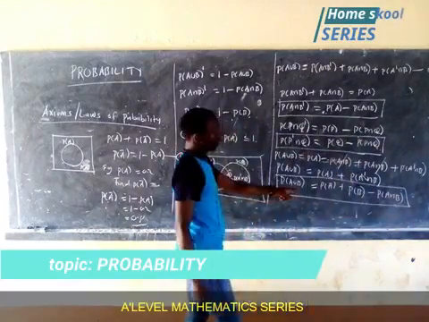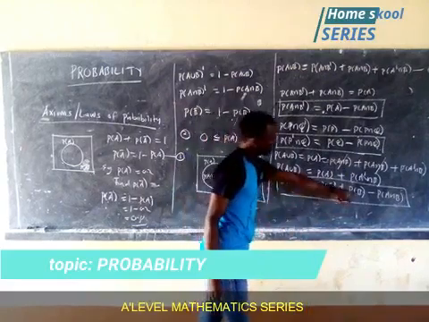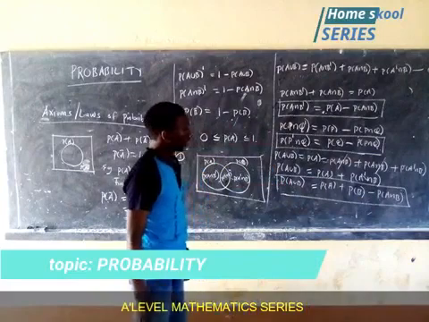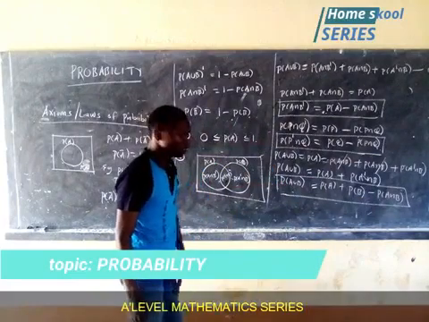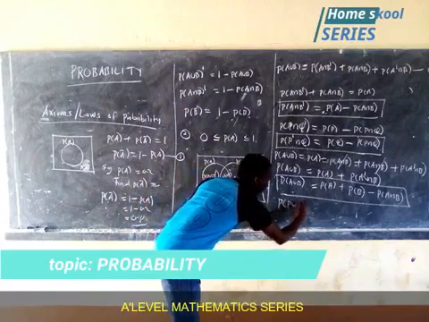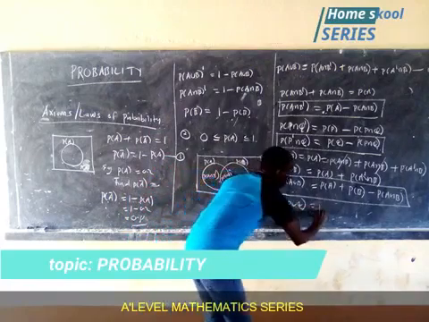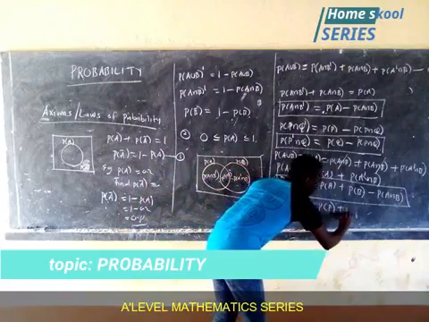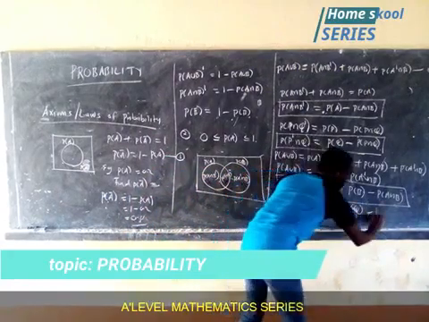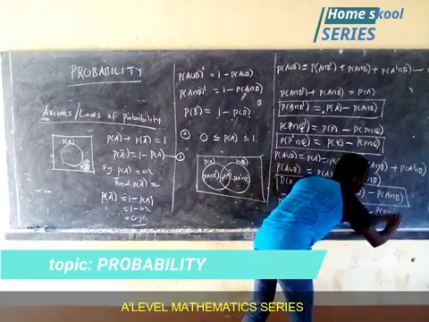The probability of A union B is the same as P of A plus P of B minus their intersection. Now this works for any two events. If I use P and Q, the probability of P union Q is the same as the probability of P plus the probability of Q minus the probability of P intersection Q.